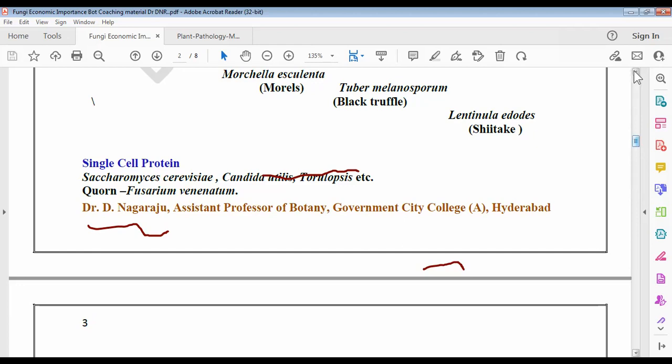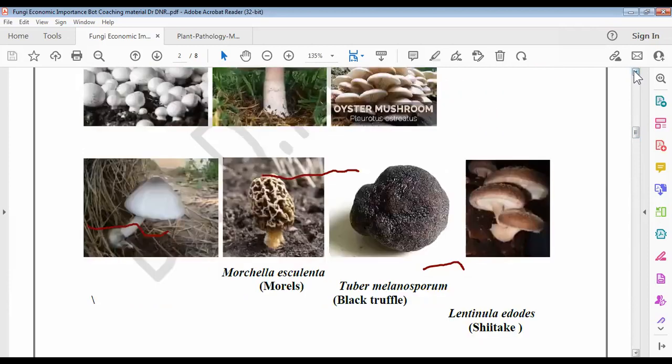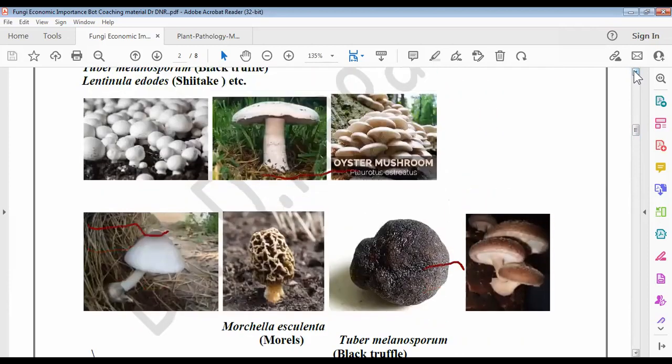Okay. Okay, any questions? Any doubts? Any clarifications? Very few are attending. The majority have left. Taking a lot of time for only a few students.